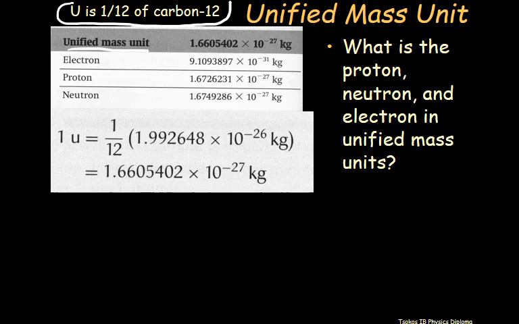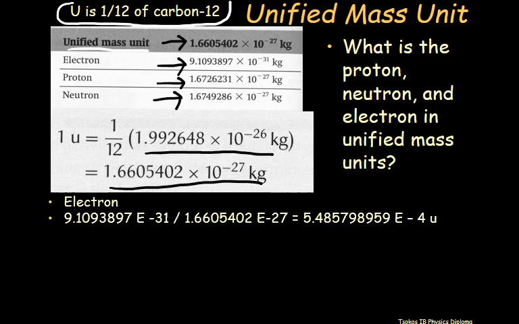It'll be good to write these numbers down as a reference, and you need every single decimal spot with each of these: the proton, the neutron, the electron, and the unified mass unit in kilograms. This is the mass of a carbon-12 atom divided by 12, and that's our unified mass unit. So I would write all four of those down because we're going to use those to the furthest decimal spot as we take a look at what's happening in the nucleus. And this is very significant moving forward.